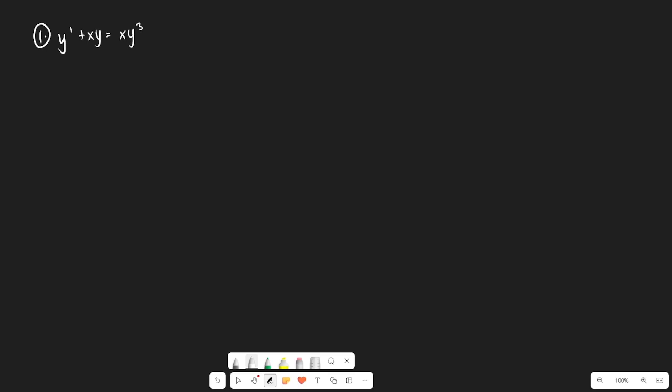The first step when it comes to solving a FOBDE is to make it look like the standard form. So you first make this given example into the standard form. In order to do that, let us first rewrite y prime as dy over dx.